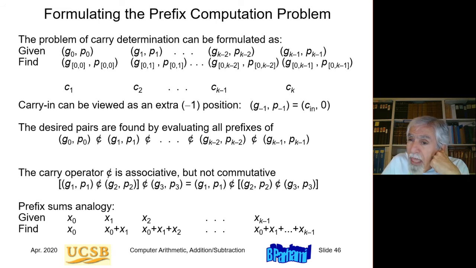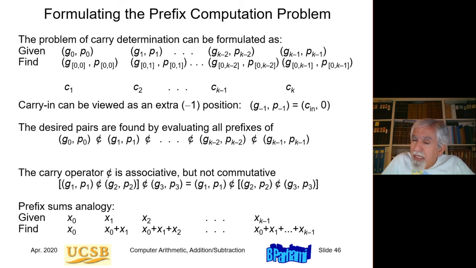Okay, so if I have all these values that I've shown there, then C1 is basically G00. I'm going to assume that there's no carry in. There's no C0. C0 is equal to 0. So C1 is 1 if a carry is generated by position 0. So C1 is the same as G00. C2, the carry into position 2, is 1 if positions 0 and 1 collectively as a block generate a carry.